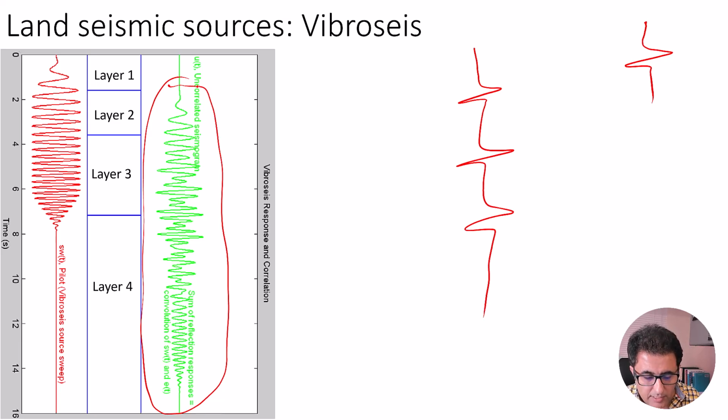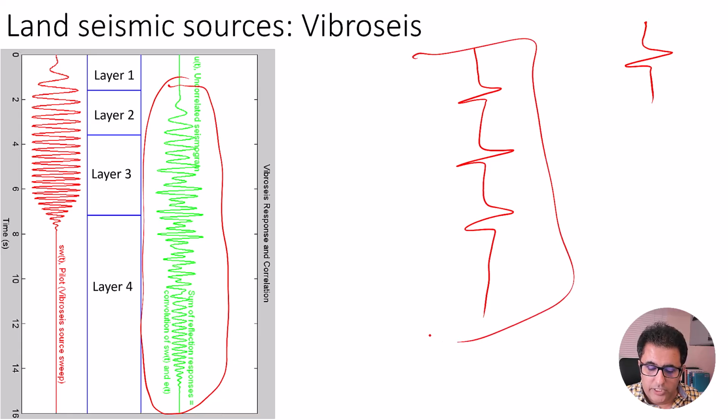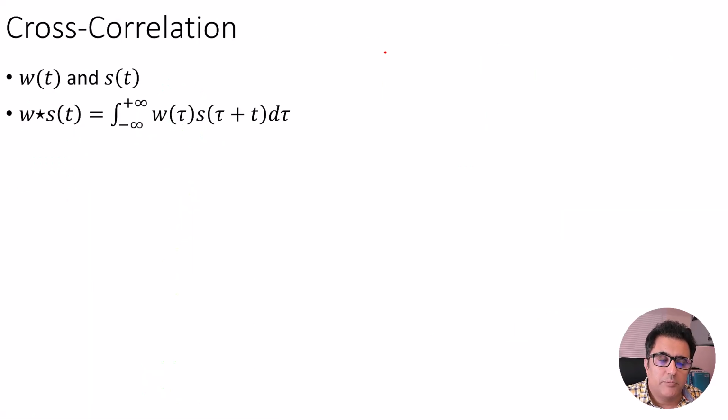As you see, it is not that interpretable compared to a trace that we get from dynamite. So how can we address this issue? We use a mathematical operation that is called cross correlation.